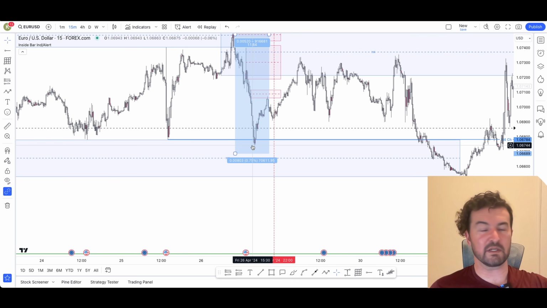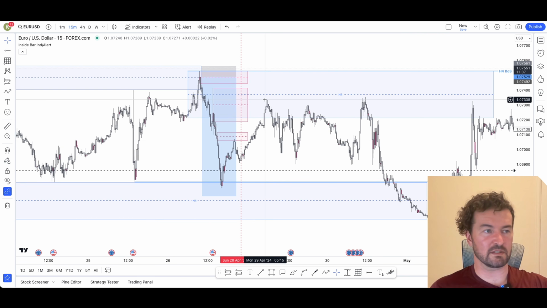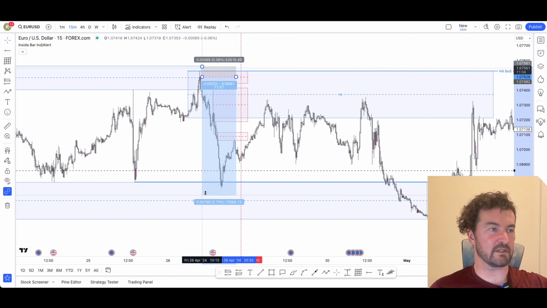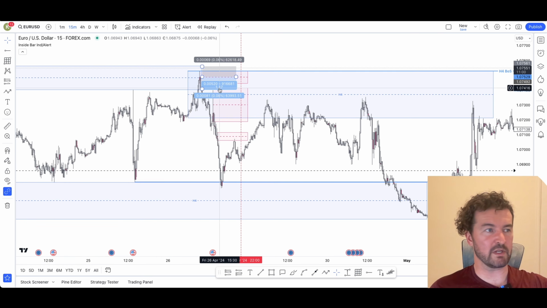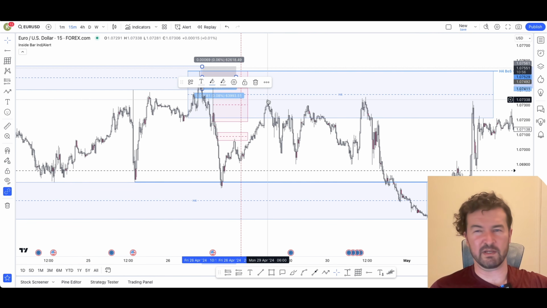It came really close to my target, missed closing it on the Friday, decided to leave it. And I moved my stop loss to just above this wick right there, that news wick. Big mistake, because I think it was here, it wicked me out. I don't know how, just got a spike out and it took me out. It shouldn't have, because it was quite a few pips away.